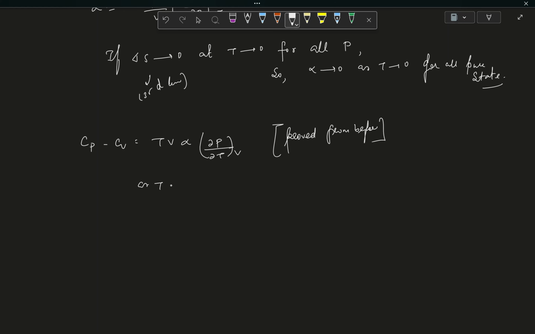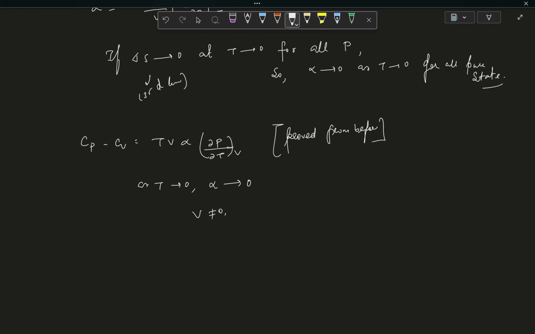Now as temperature tends to 0, we have already seen that alpha will also tend to 0. The volume is non-zero because it is a finite volume, and with temperature change there will also be a pressure change, so this is also not diverging.